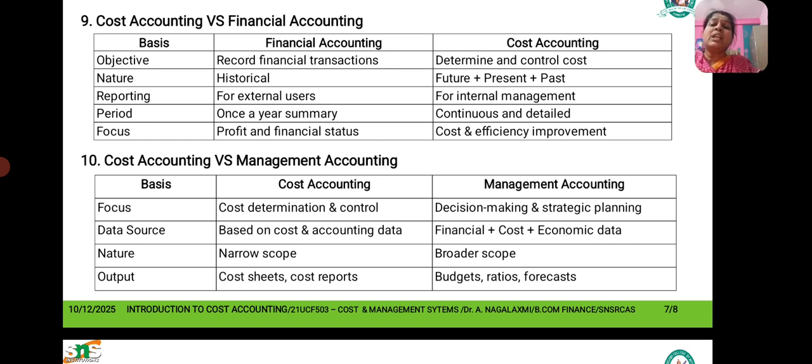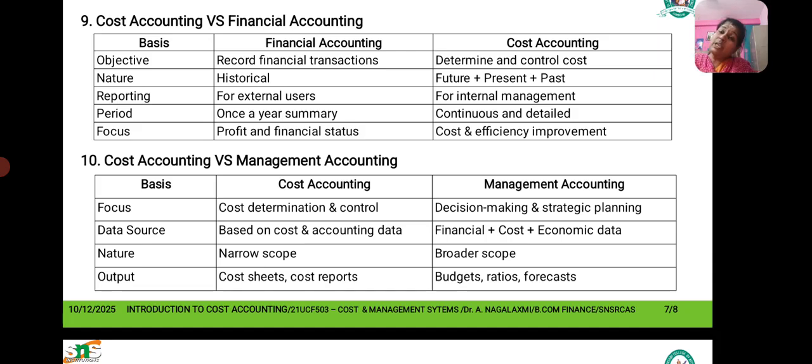Period: financial accounting is prepared once in a year and summarized, but cost accounting is continuous and detailed. Focus: financial accounting focuses on profit and financial status, but cost accounting focuses on cost, for the improvement of efficiency. These are the differences between cost accounting and financial accounting.